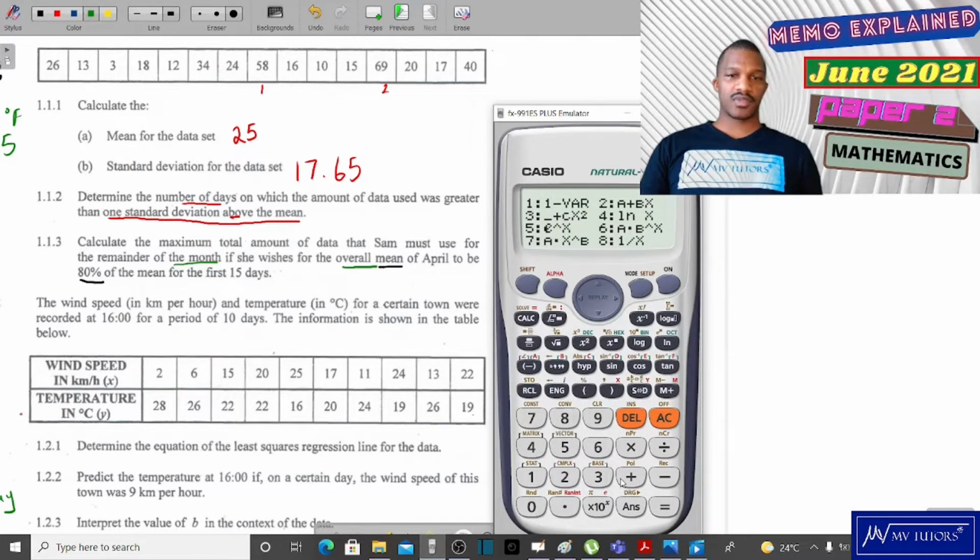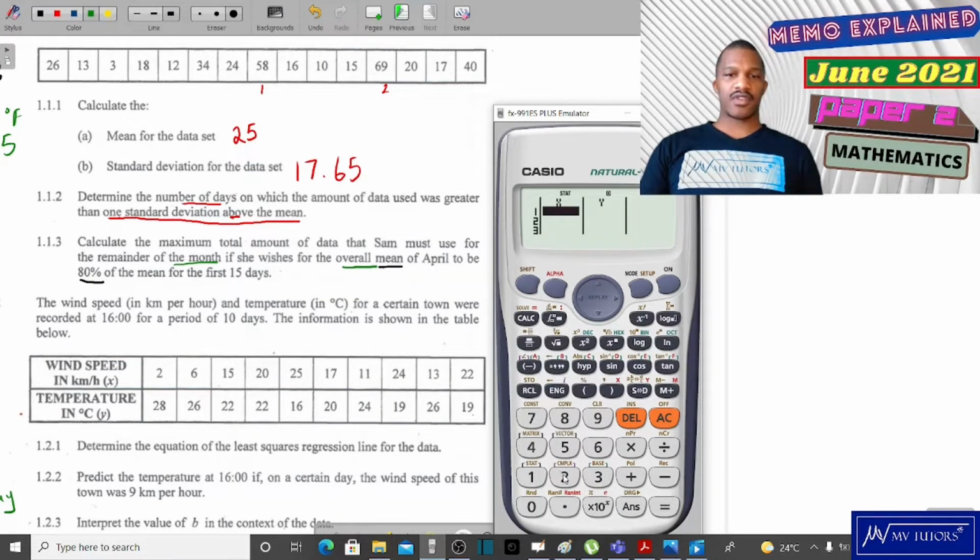Now we need to put in the values for x and y. X, we've already been given, is the wind speed, these values, and then y will be these values.